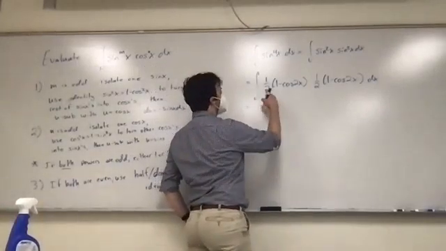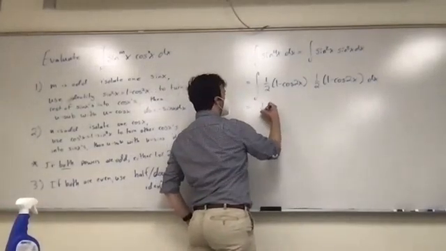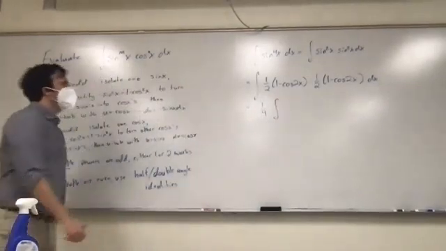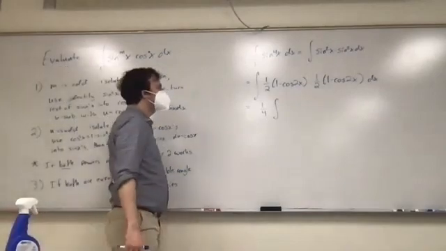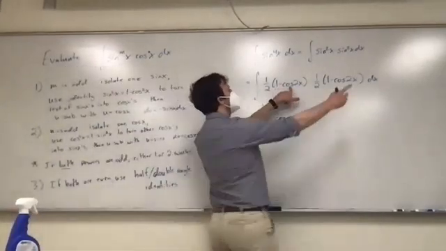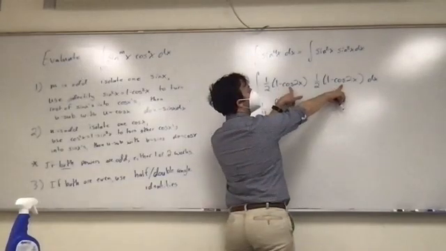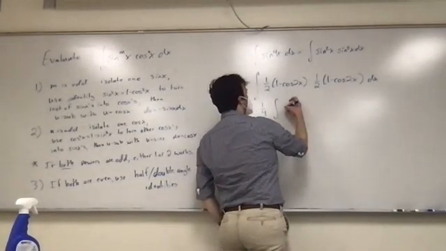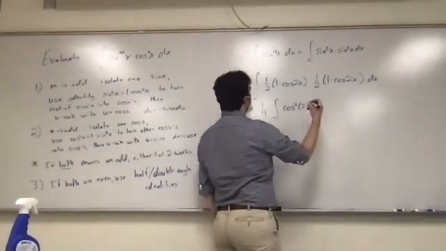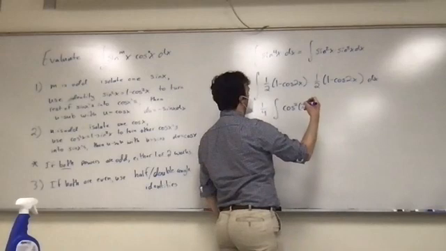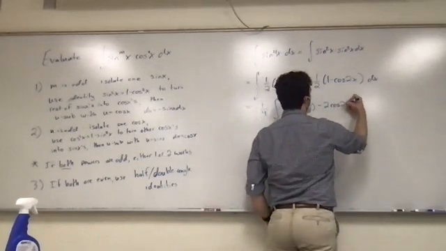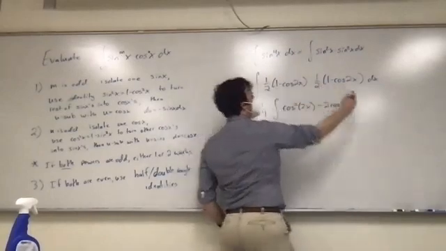I'll put the 1/2 and 1/2, that's a 4th, outside for now. But then on the inside, we get something which we're not excited to see. Negative cosine 2x times negative cosine 2x is cosine squared of 2x. The cross term is negative 2 cosine 2x, and then the 1 times the 1.